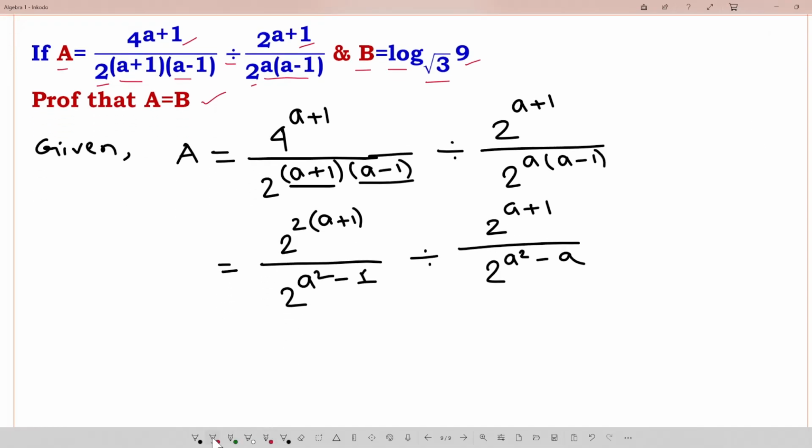Right? Now here we can write 2 to the power 2a plus 2, and here 2 to the power a square minus 1, divided by 2 to the power a plus 1 and 2 to the power a square minus a.